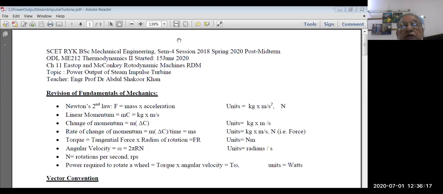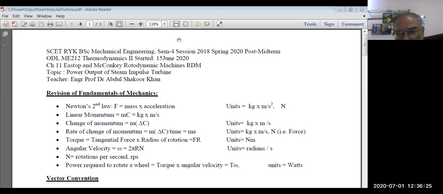Now I'm sharing a screen for you, and this is the topic. Today's topic is chapter 11, impulse steam turbine, where the topic will be power output of the steam impulse turbine.